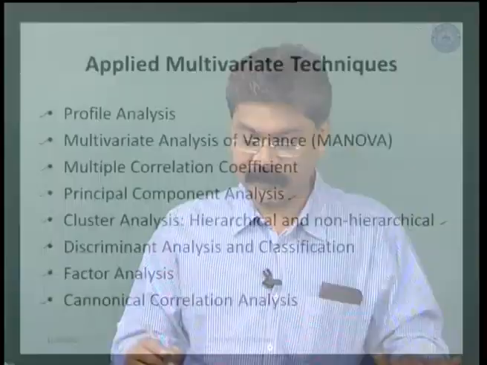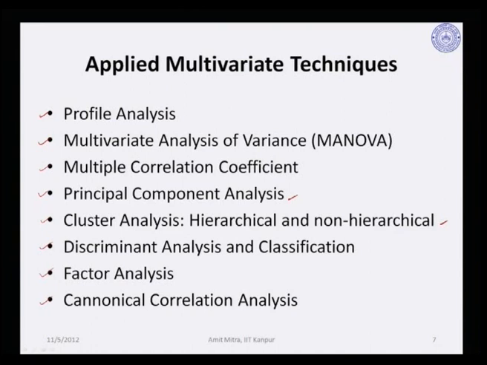On the other hand, with discriminant analysis and classification, canonical correlation analysis, profile analysis, or the MANOVA technique, we will have something in mind, and we would be building a certain type of model or a framework for a hypothesis testing type of problem, and hence we would essentially look at a supervised mode of analysis of multivariate data.